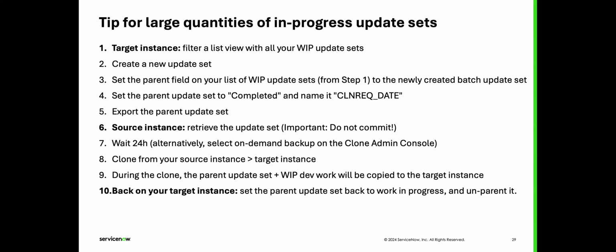Then you have all your in progress update sets batched under that one parent. Now you're only dealing with one, which is a great advantage because you're not having to move multiple around. You can take that one parent update set, set it to complete, and export it on your source before the clone. Very important, do not commit the update set, but you can retrieve it.